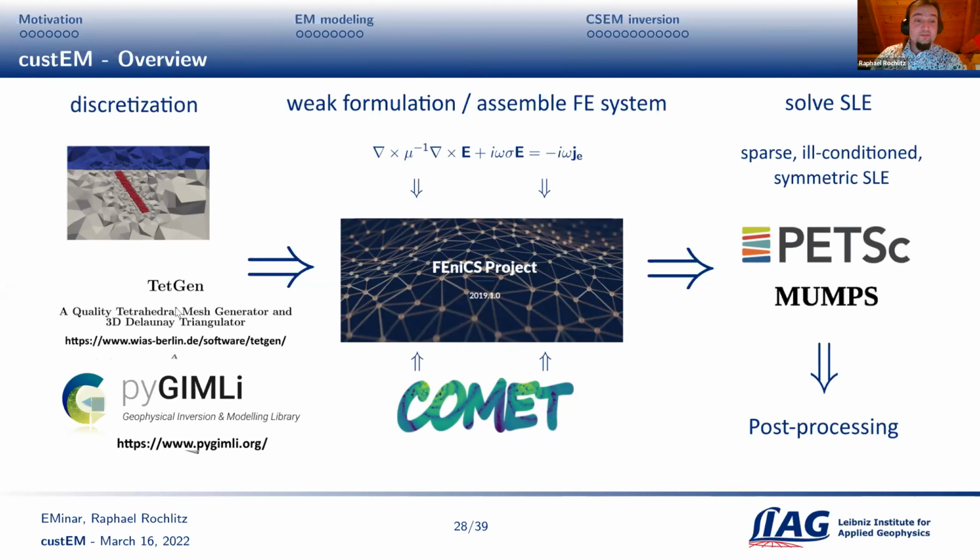We rely on pyGIMLi and TetGen for mesh generation, and pyGIMLi now also for inversion. The COMMET toolbox is used for our primary field solutions and the secondary field formulations. And we rely on PETSc and MUMPS for parallelized algebra and solution of the system of equations.